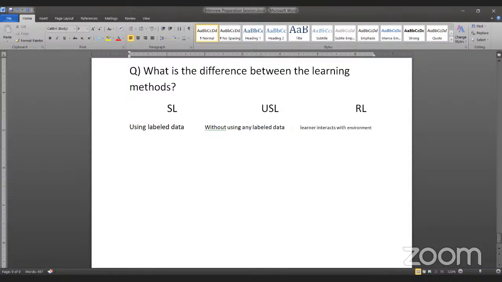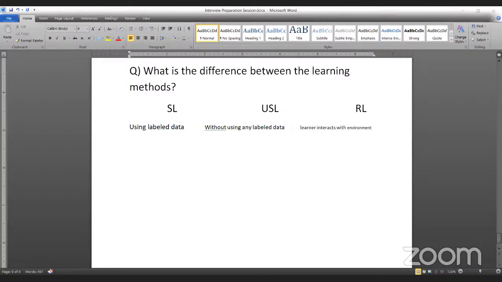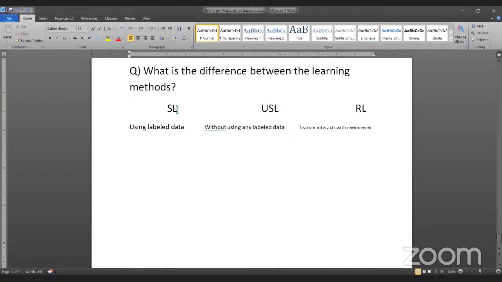Okay. Then what type of problems can we solve using these? In supervised learning, we have classification and regression.